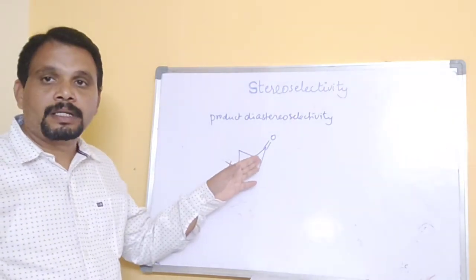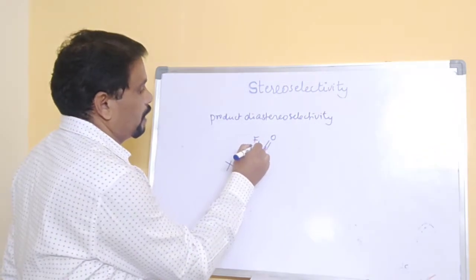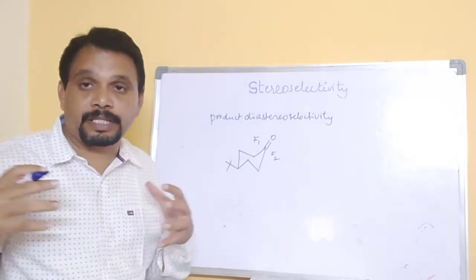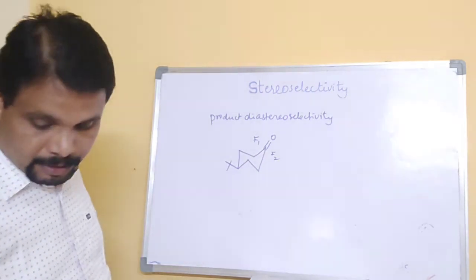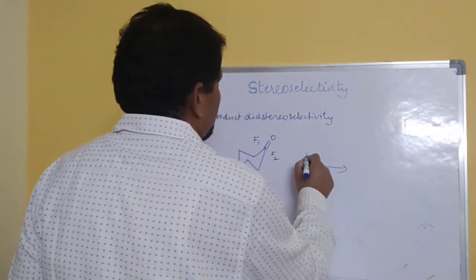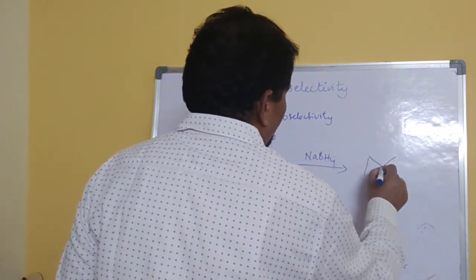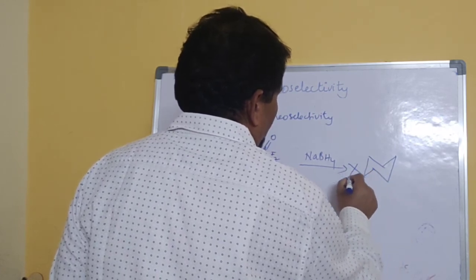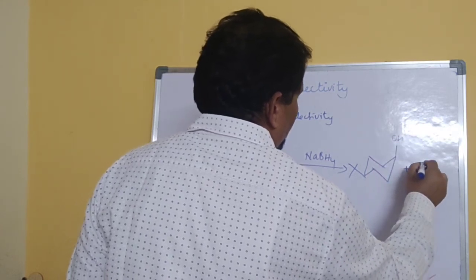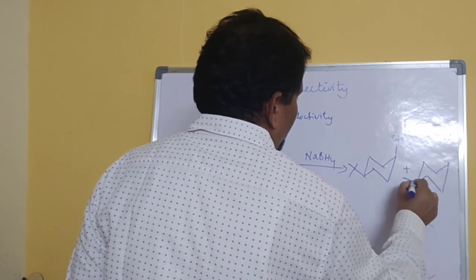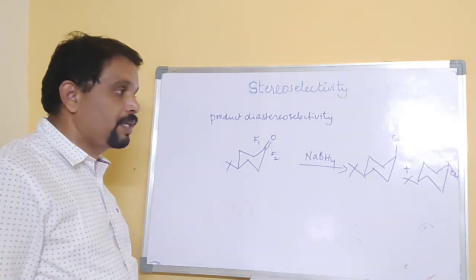for product diastereoselectivity, this is the substrate. In this substrate, this is F1 and this is F2. That means two diastereotopic phases are there in this compound. The incoming reagent, like sodium borohydride, two diastereomers are formed in this reaction.